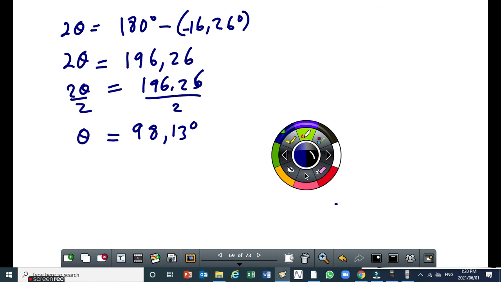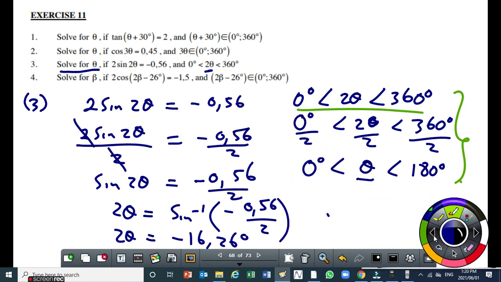And check this. Our second restriction after simplifying is this one here, which means our value of theta must be between 0 degrees and 180 degrees. And 98 is between 0 and 180. It's also positive. Then, to get the second angle, I still have to use minus 16.26 degrees.